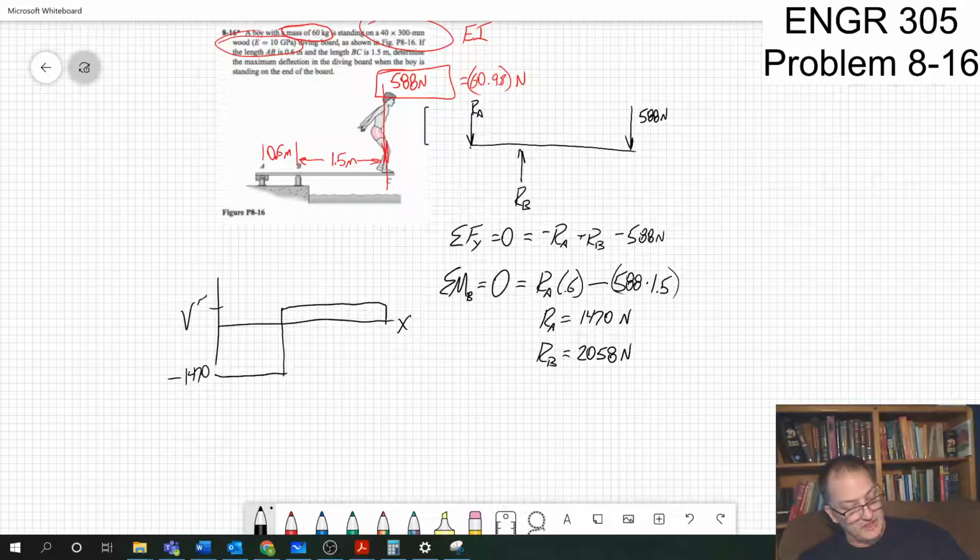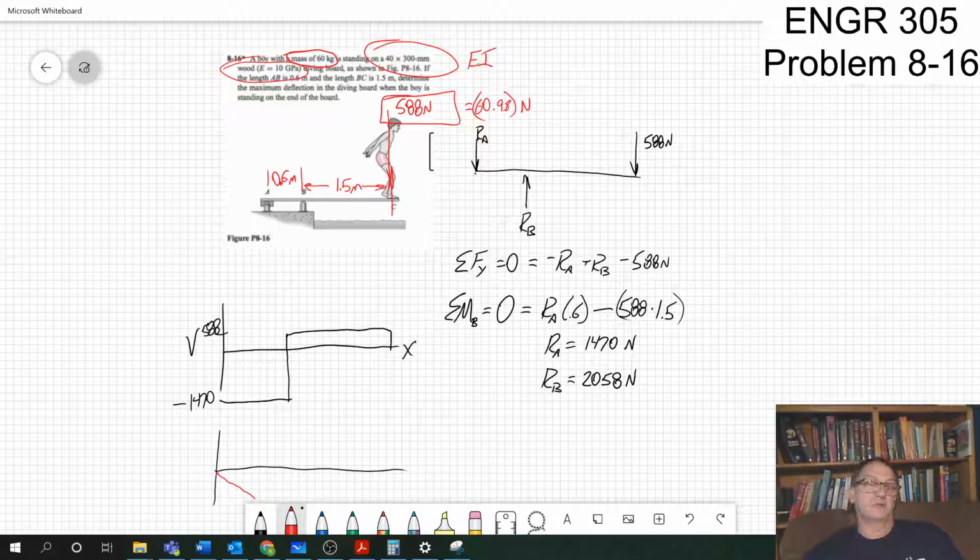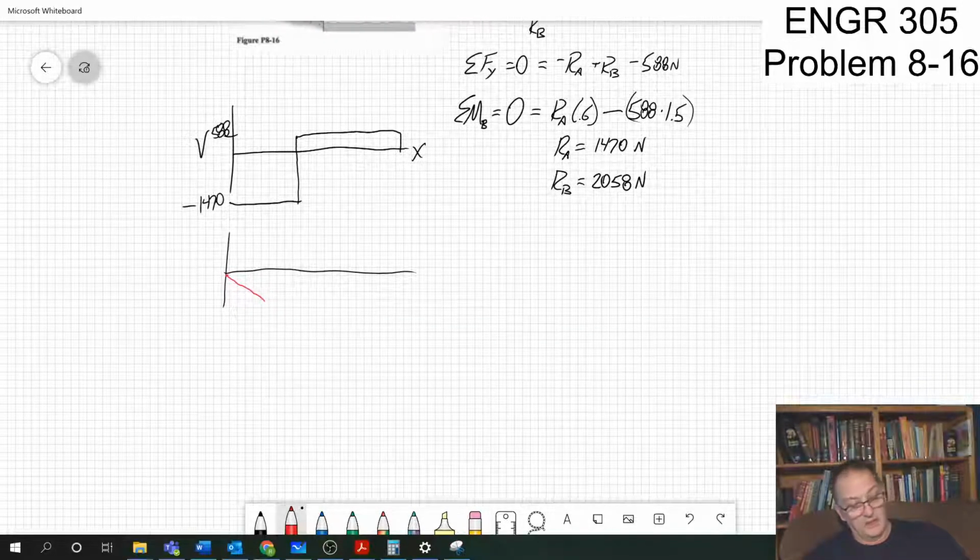So this is 588. There's our shear diagram. Now our moment diagram. Well, we start at 0 and go down a slope of 1,470. I know what my slope is. We're not going to do that. We're going to write the equations out. You realize this is just the integral of that.